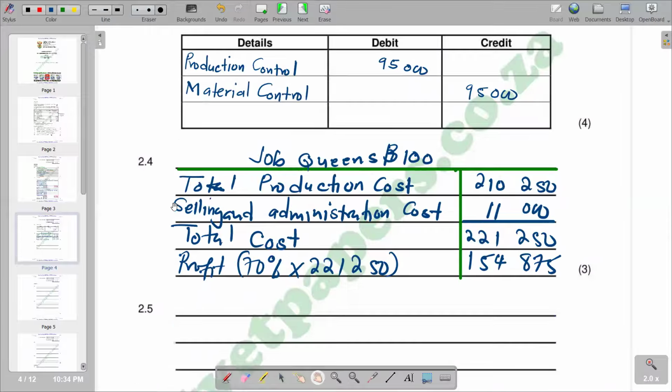Then remember, our question needs us to calculate the selling price. So we can add the profit to the total cost to get our selling price, which is going to be 221,250 plus 154,875. I get it as 376,125. And this is going to be our selling price. So that's the final answer for 2.4.